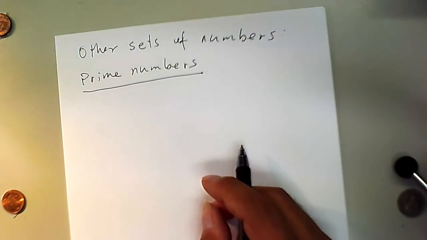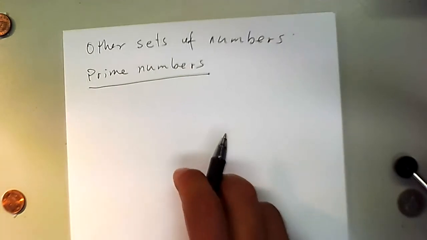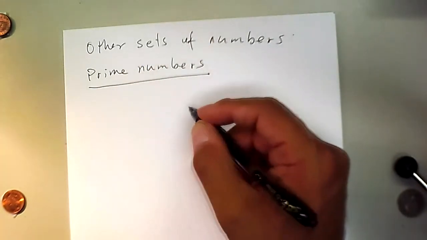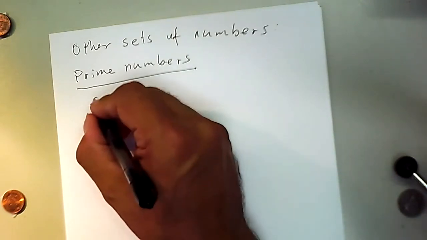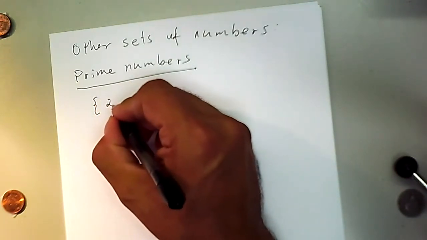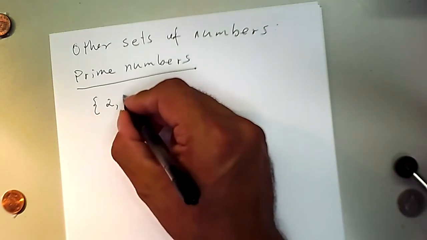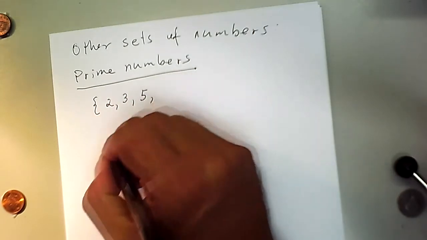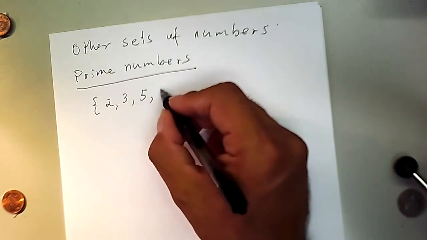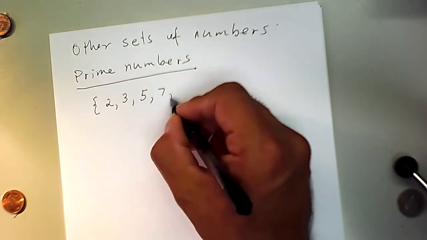Some people may use a pi, but let's just call them prime numbers without a specific letter for them. So the smallest prime number is 2. The next one up is 3. The next one is 5. The next one will be 7.